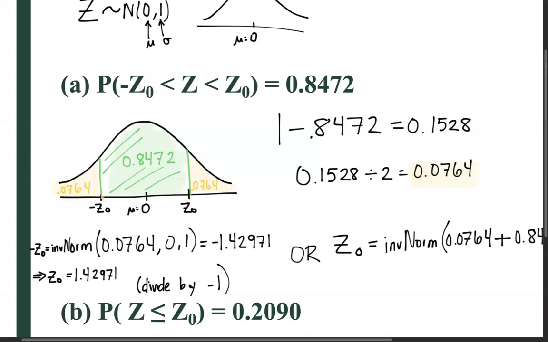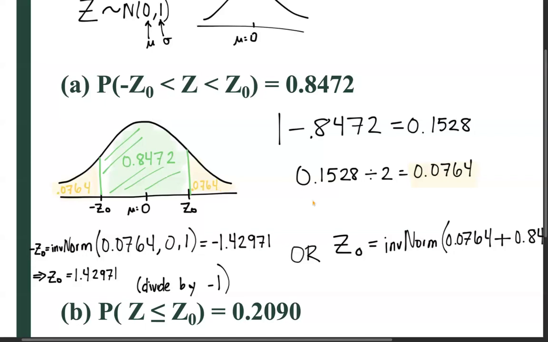So my next step is to find what is this area under the curve here. So I know that the total area under the curve equals 1. So I'm going to do 1 minus this value here, and that'll give us the remaining area under the curve. So that's 0.1528, but then I need to divide that by 2 so I can get the area under the curve to the left, and then the area under the curve to the right of the z0.